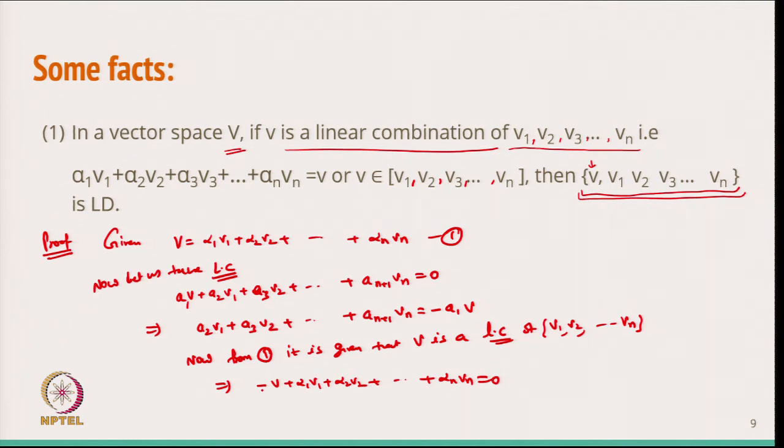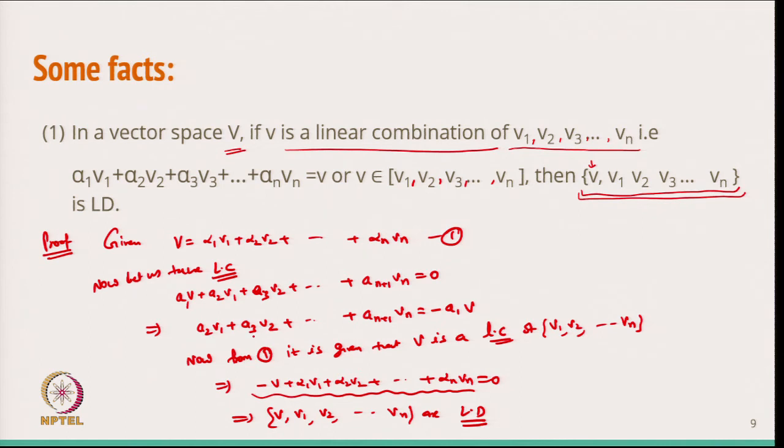Now it became a linear combination of V, V1, V2 up to Vn, and the coefficient of V is always minus 1.